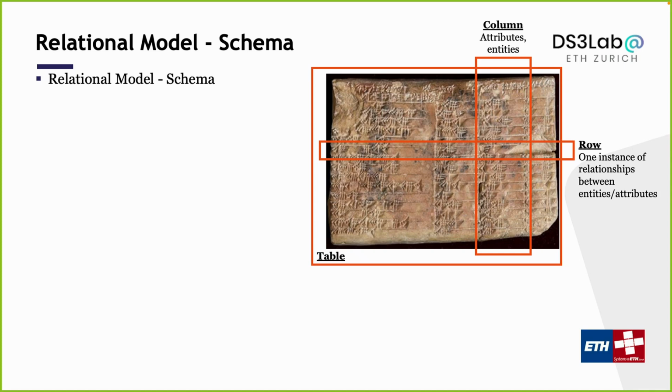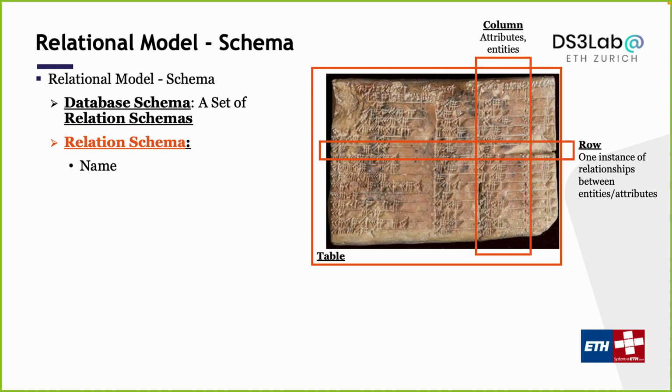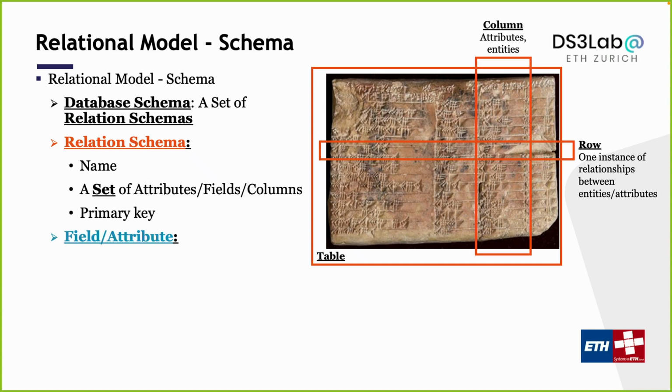There is the schema, which tells the system what your data looks like. A database schema is a set of relation schemas, and each relation schema has the name of the relation, a set of attributes, and a primary key. For each attribute, you also have a name and a domain, which is the data type that can fit into that attribute.